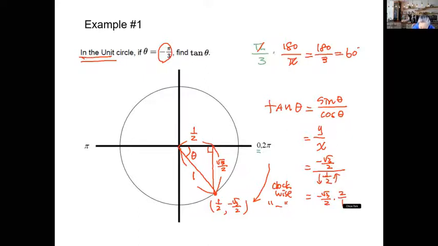Then we cancel the 2, and it's going to be negative radical 3 over 1, which is negative radical 3. That's it. There are a couple more practice problems in a very similar format. Once you understand all the steps that I just showed you, you're supposed to be able to do this. Since we're almost at time, let's move on to example number 2.